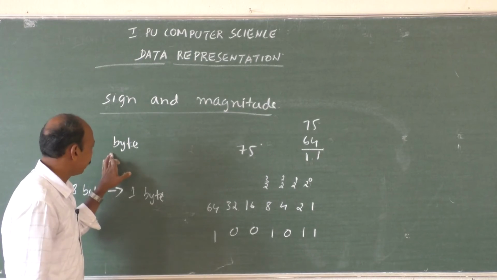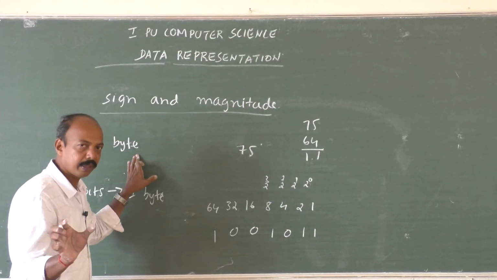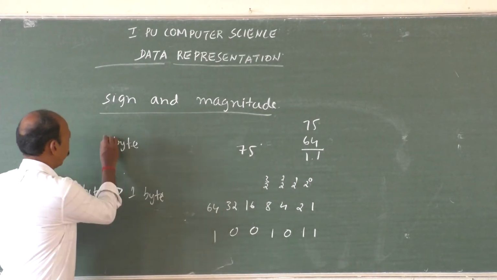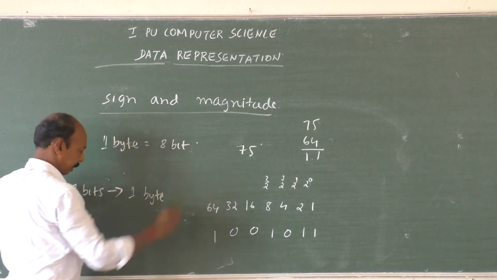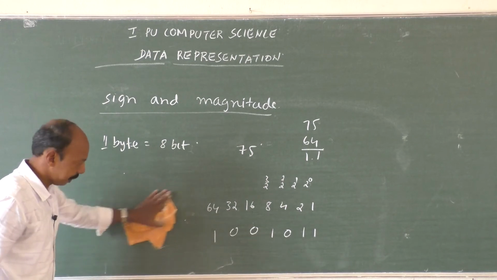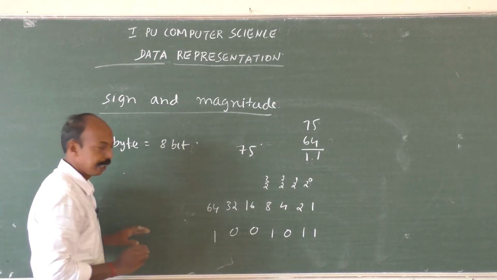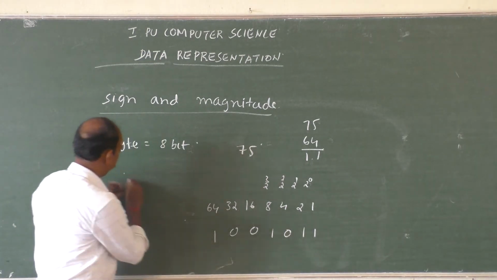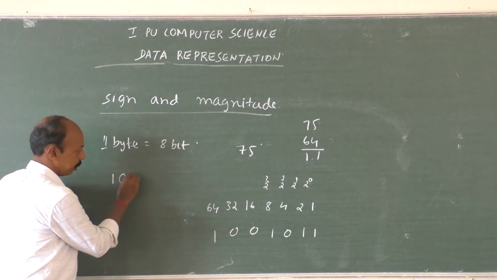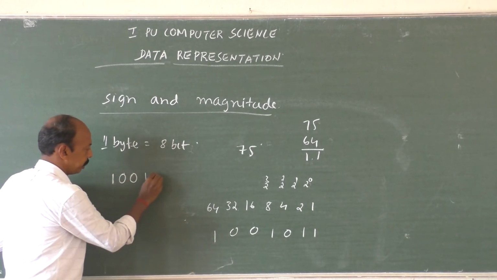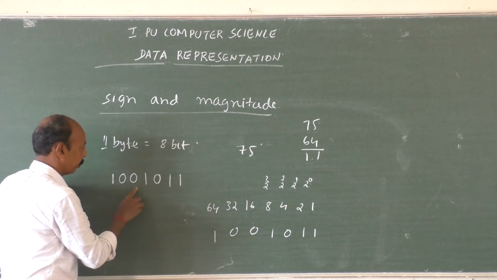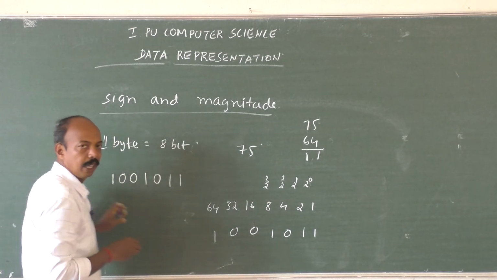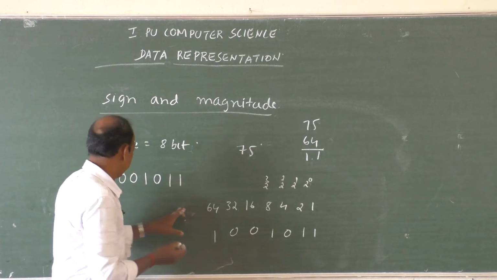So when we take a byte, at least 1 byte we have to take at a time. So 1 byte is equal to 8 bits, right? That's why we shall take a byte. In this case, it is 1, 0, 0, 1, 0, 1, 1, 2, 3, 4, 5, 6, 7. One extra bit is required.